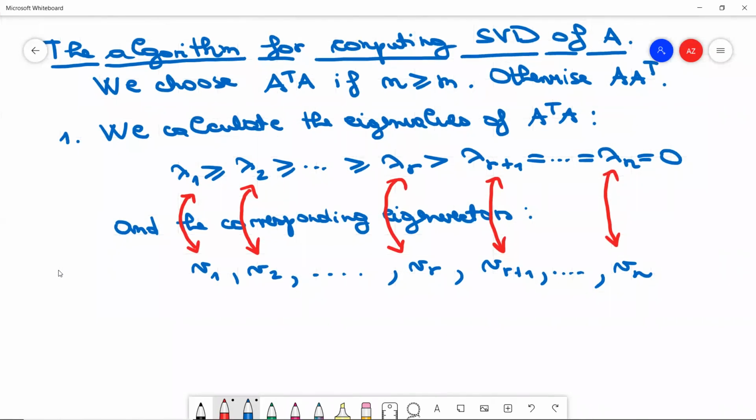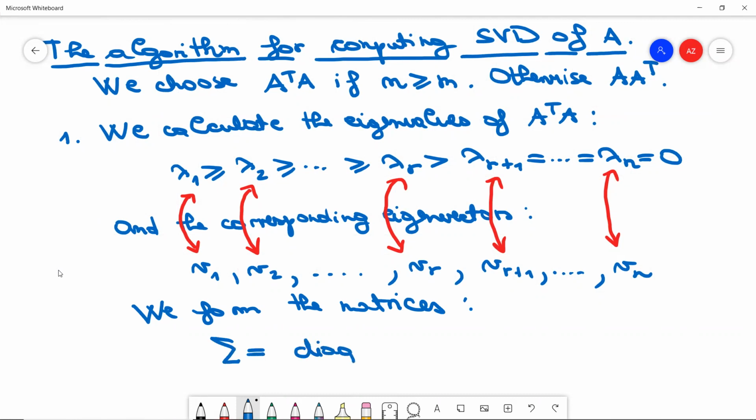This is what we do, and we form the matrices. Sigma is just a diagonal matrix with square roots of the eigenvalues on the diagonal.